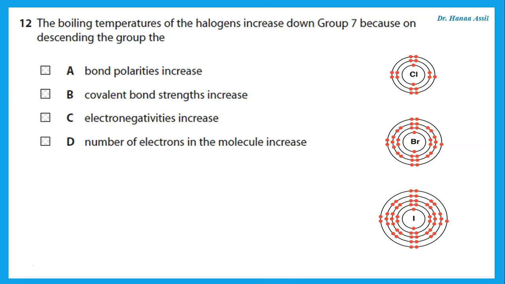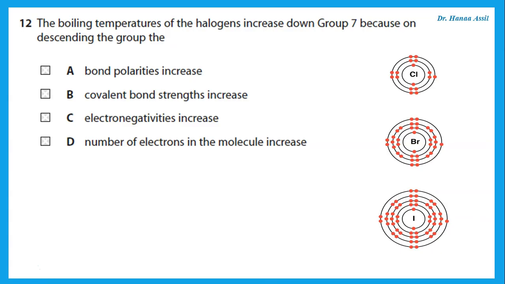Well, looking at all of these, you should realize that as we go down, the number of electrons in the molecule increase. Remember, these are simple molecular structures, so they have weak van der Waals forces between them or weak London dispersion forces between them.